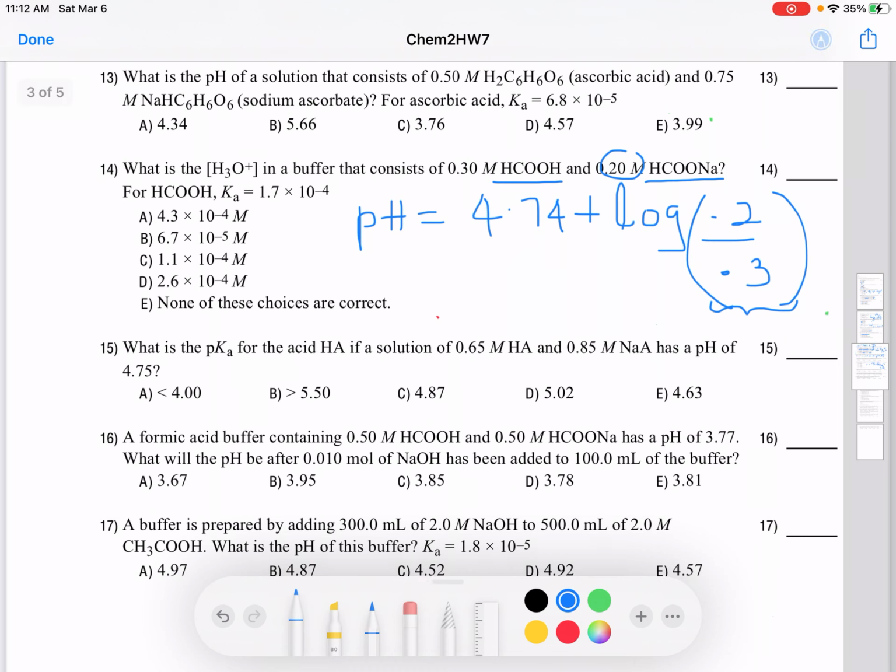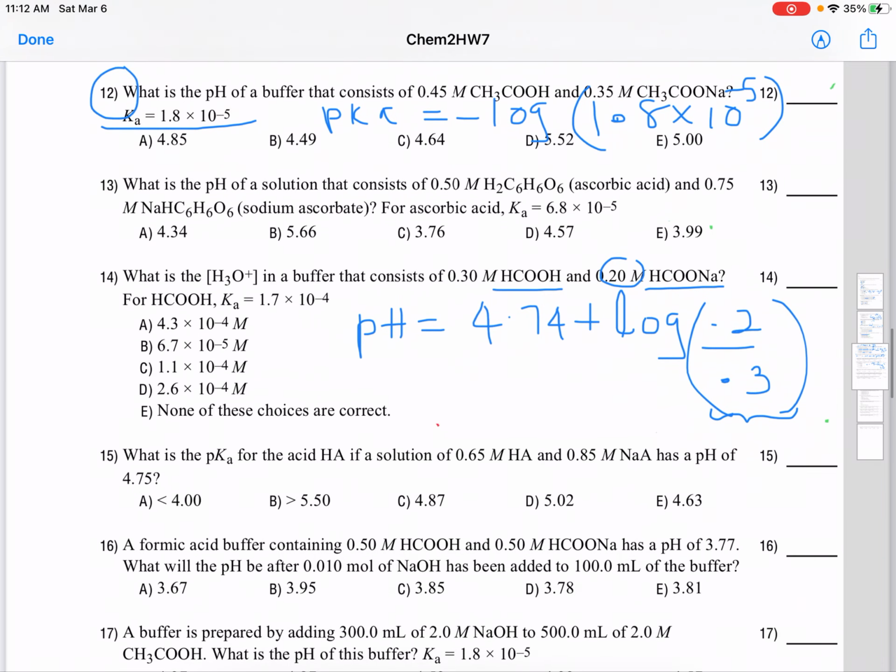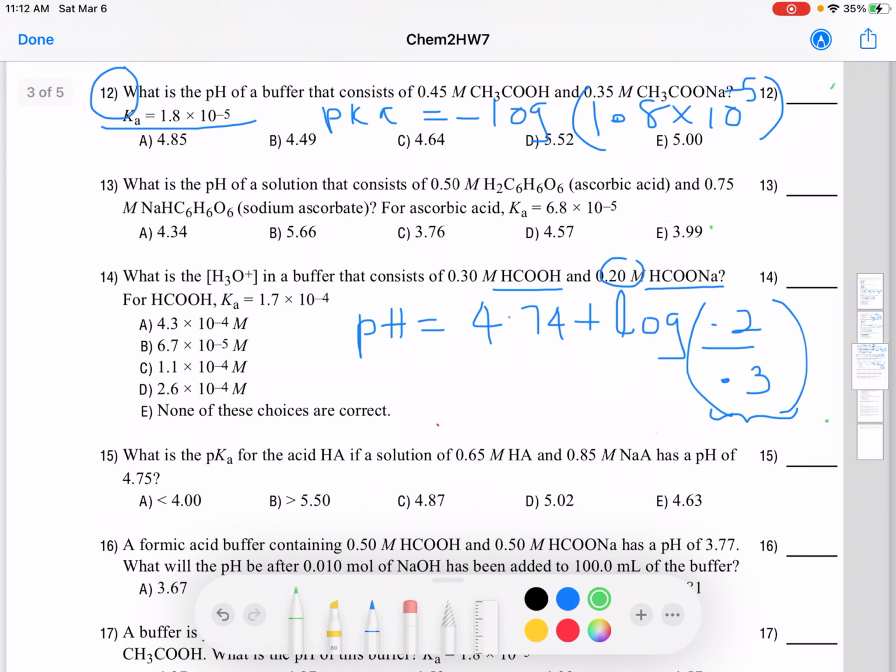Are we looking at number 12? Got a little bit confused now. Okay, we're done with number 12. We're looking at number 13, right? Let me circle this one.